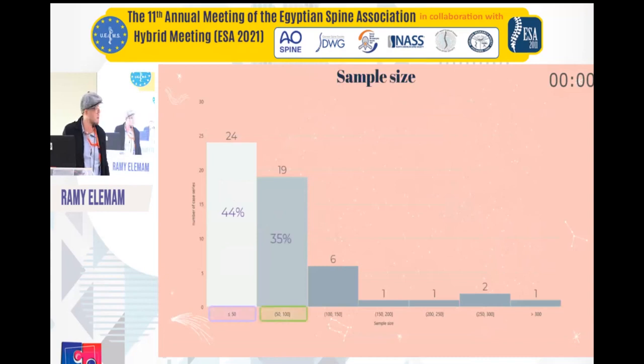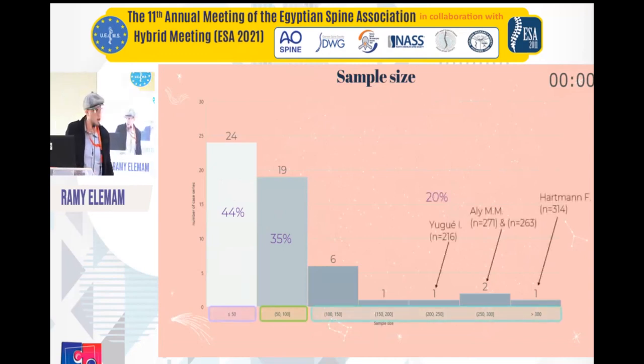Afterwards, I would like to talk about the sample size. We can see that most of the publications had a sample size of less than 50, that only 35% had between 50 and 100, and that less than 20%, or 11 publications, had a sample size of greater than 100. And these were the authors with the largest sample size documents.